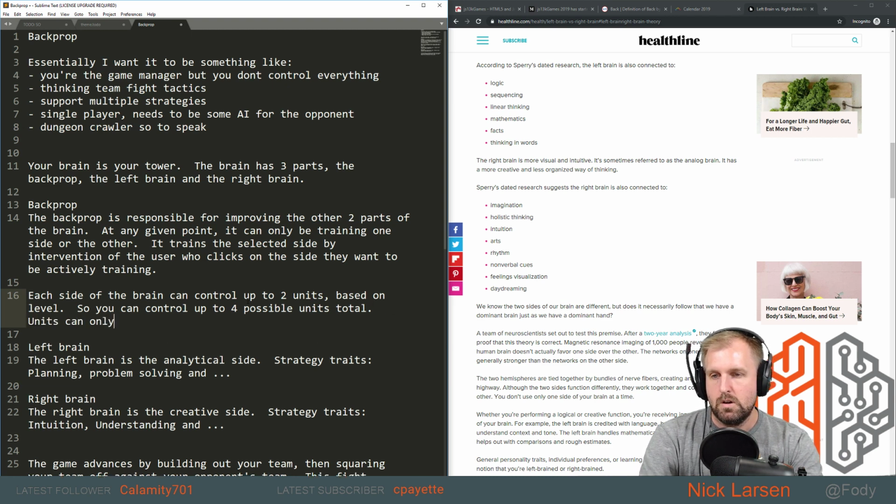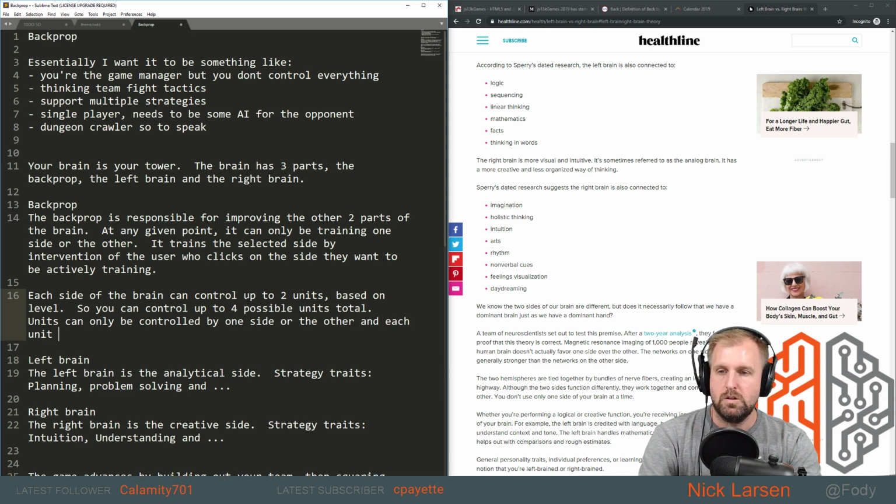Units can only be controlled by one side or the other. And each unit has a basic attack and a special.